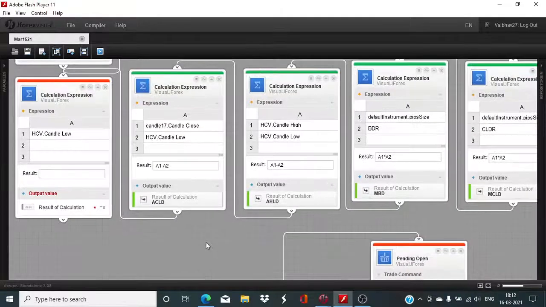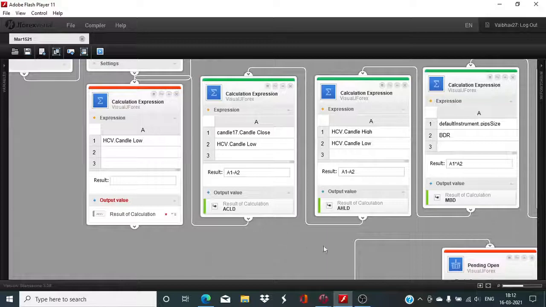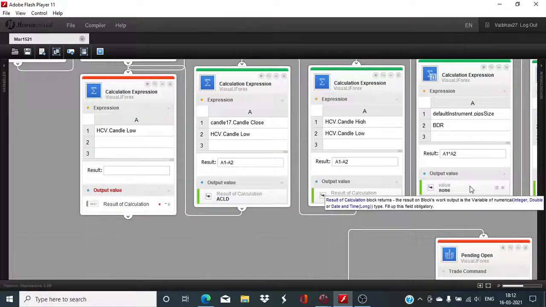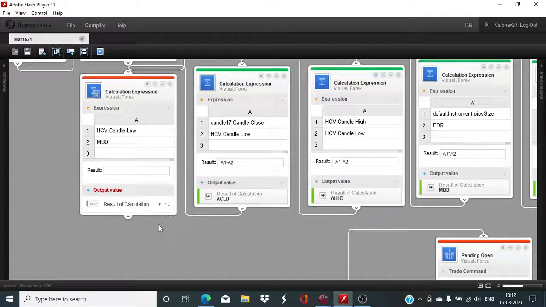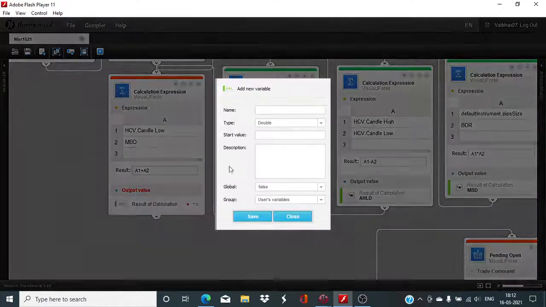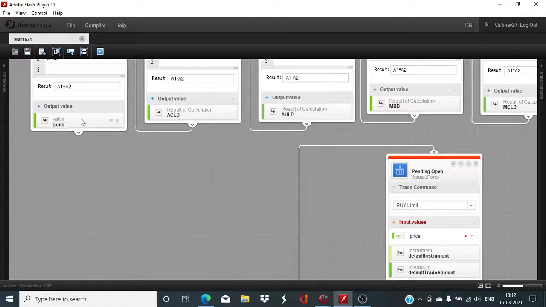Both ways it should work fine. So here minimum buy difference, okay, and this will be A1 plus A2, and this will be the buy execution price.